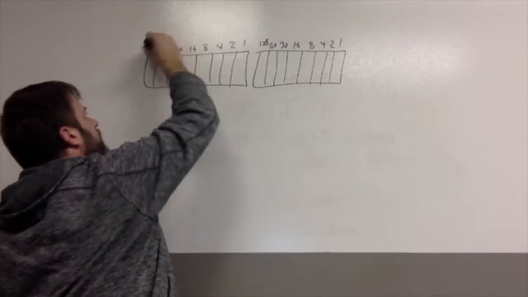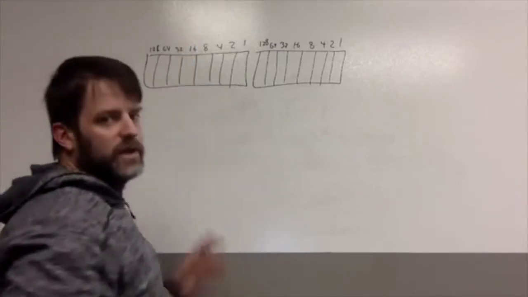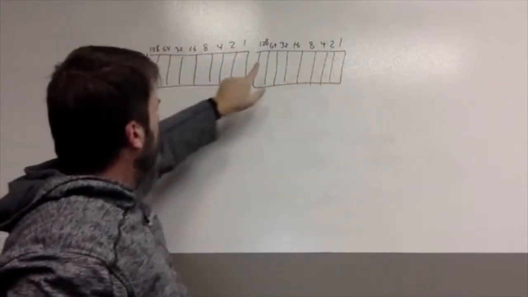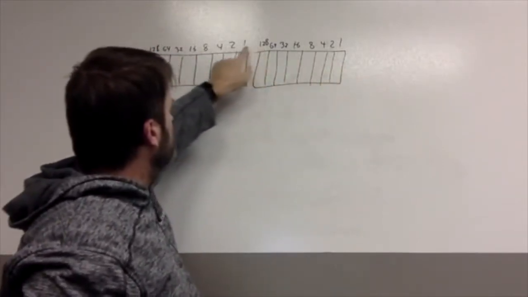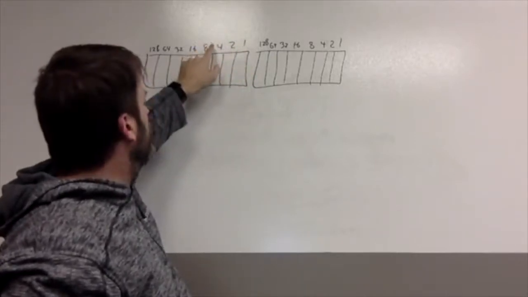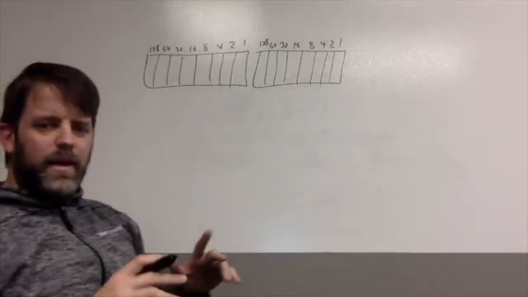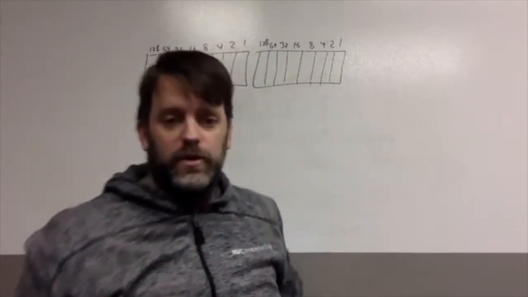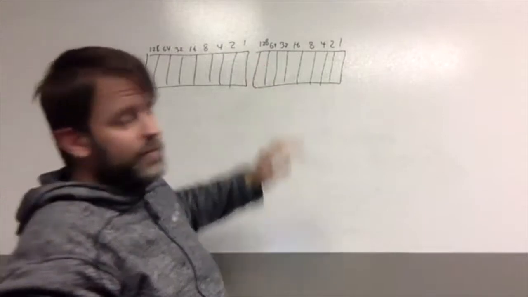All right. So one way to do this would be to treat this as all one big long value and say this is the 128th place, this is the 256th place, the 512th place, the 1024 place, and so on. But that's actually not the easiest way to do it. The easiest way to do it is to do them as 2 separate bytes.